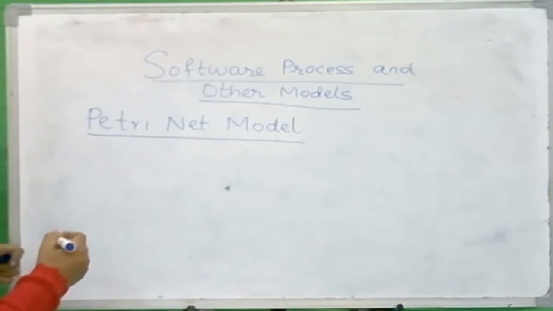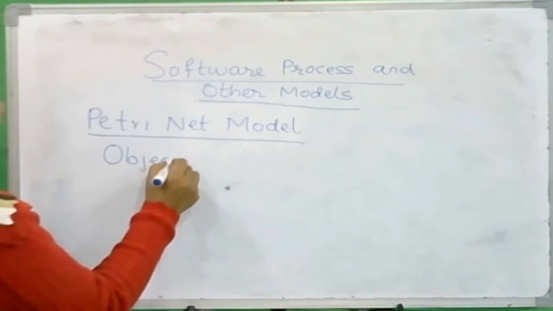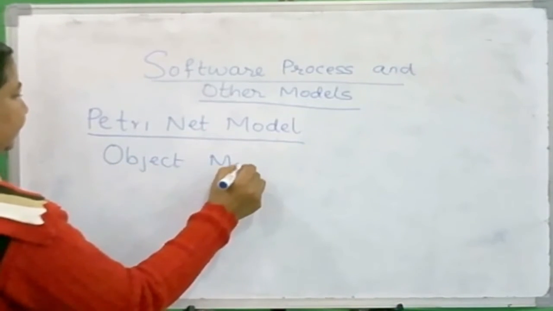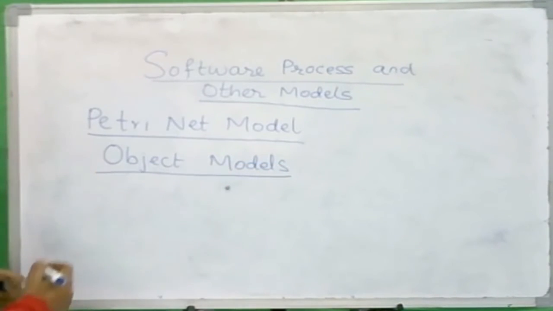Next is the object models. In object-oriented development, both the problem in the problem domain and the solution in the machine space are described in terms of objects.